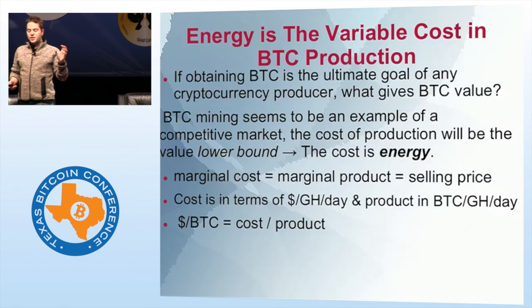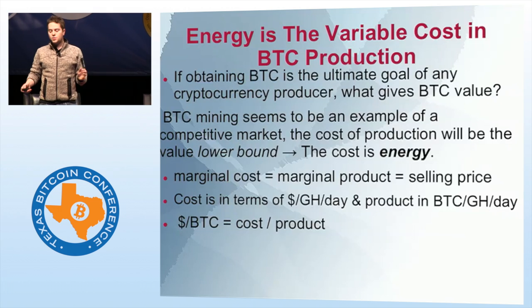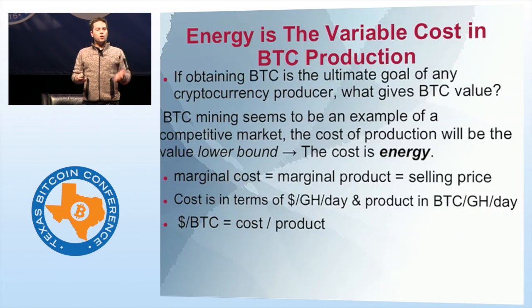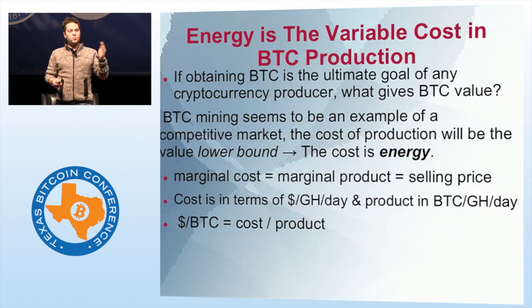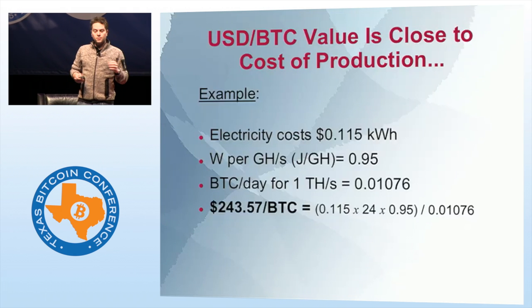Because our cost term is in dollars per gigahash per day, and our product is in Bitcoins per gigahash per day, if we divide cost by the product, we're dividing equivalents, that's just 1, but we'd get scaled up to put it back into dollars per Bitcoin space. So let's do a little example.